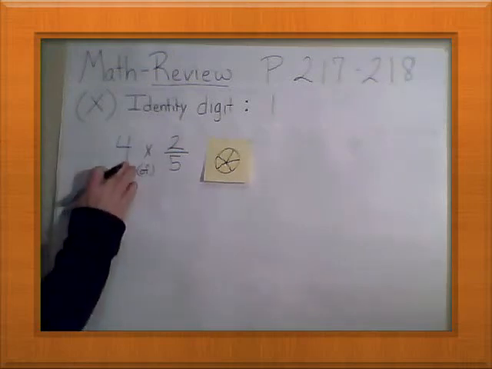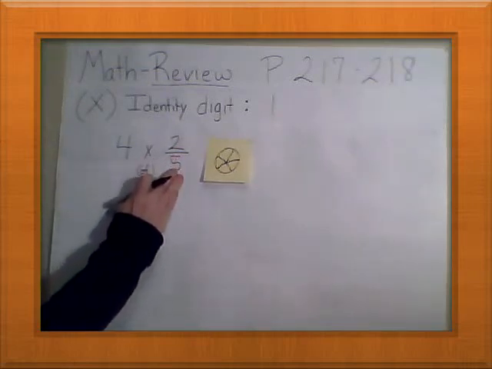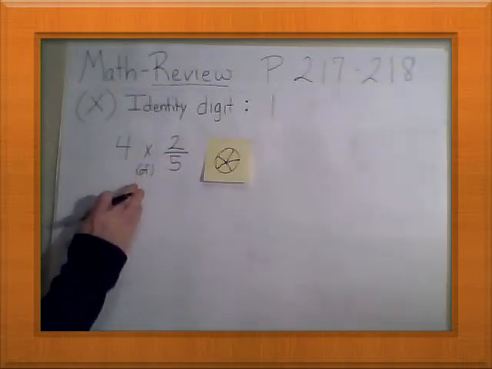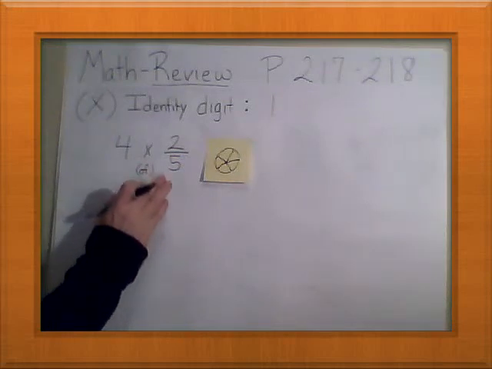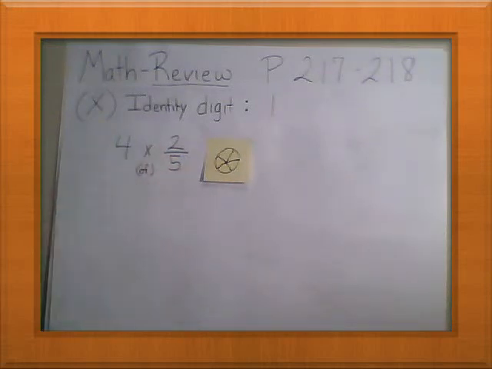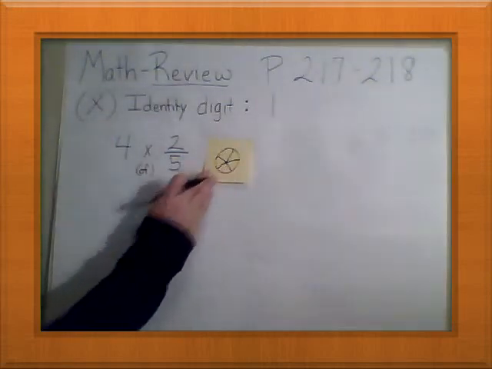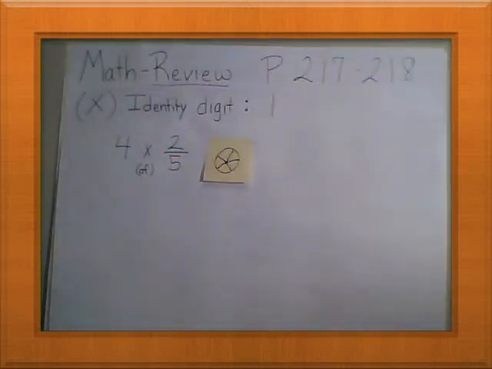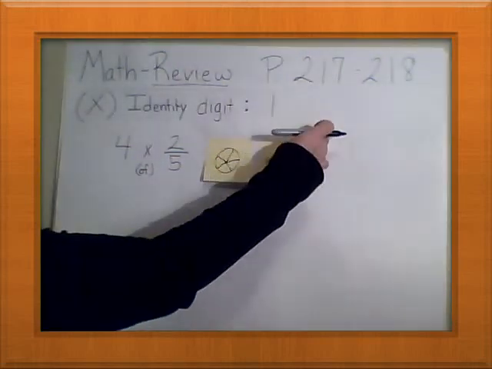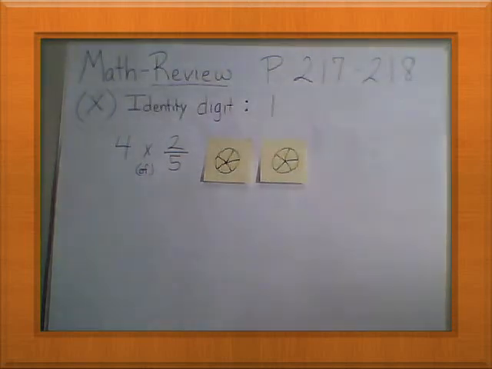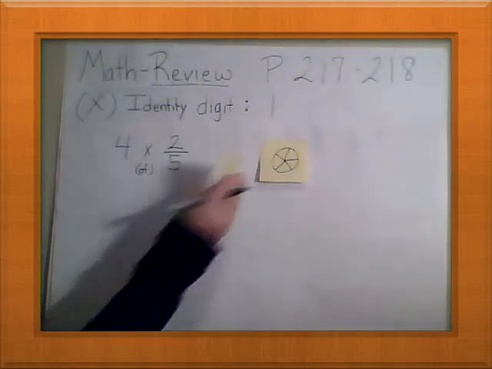Now, because I have 4 times 2/5, that actually means 2/5 plus 2/5 plus 2/5 plus 2/5. So with this, I won't have enough. So what I did was I made another circle of 5s, fifths, and this time we're going to color them in. And I don't know if you can tell what the answer is, but let's write it the long way.